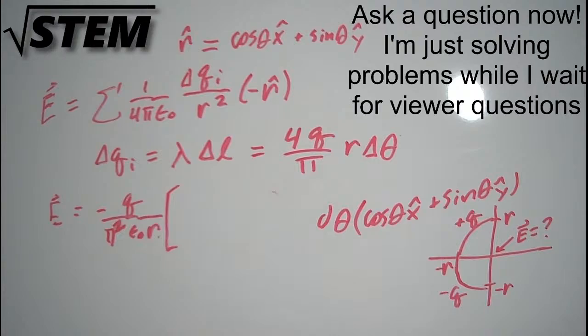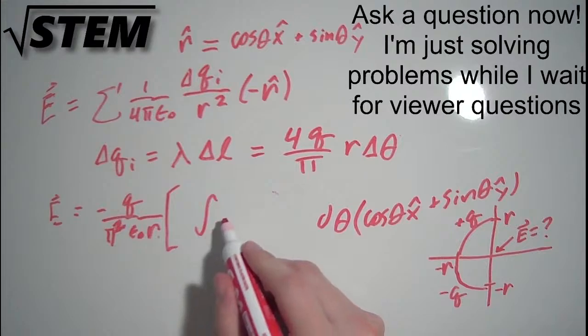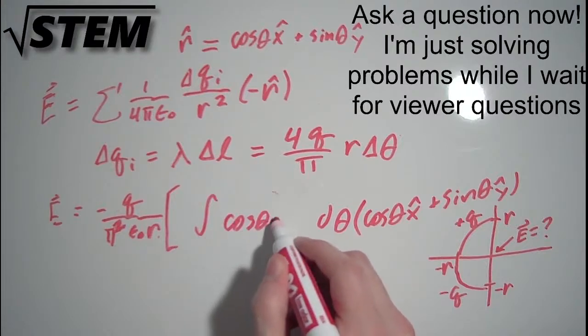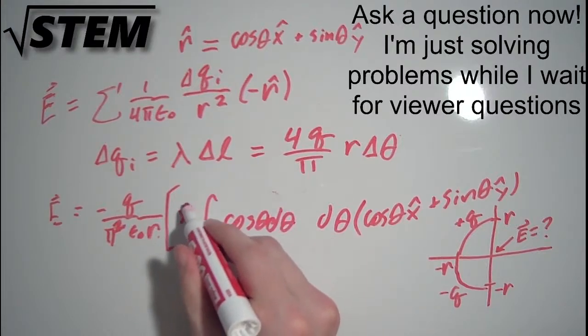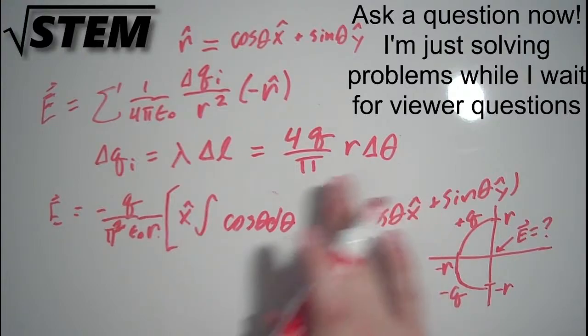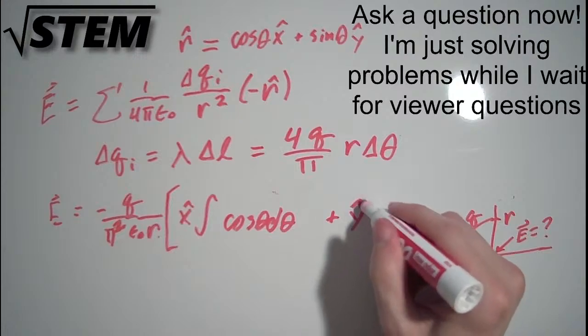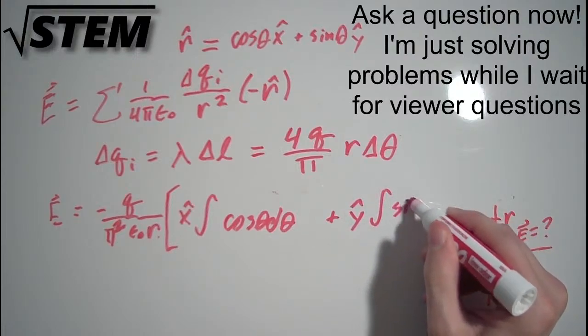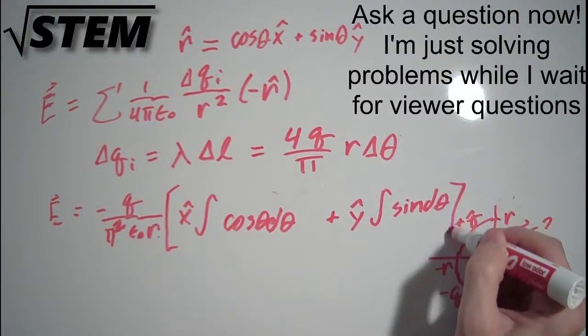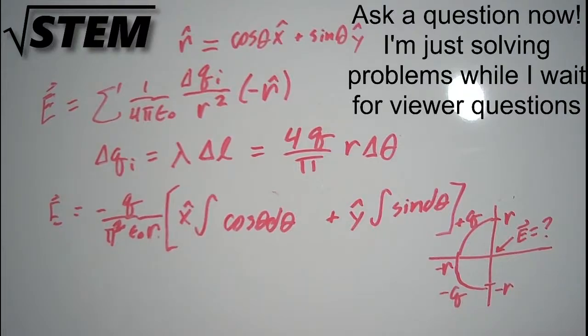So we're going to have the integral of cosine theta d theta for the x hat and the y hat. We'll have the integral of sine theta d theta. So let's see here.